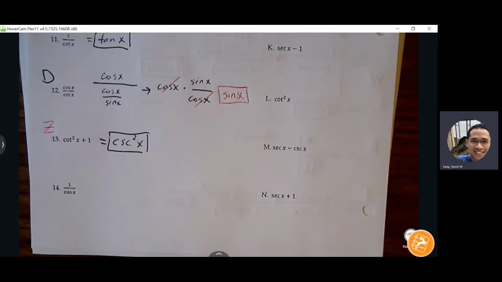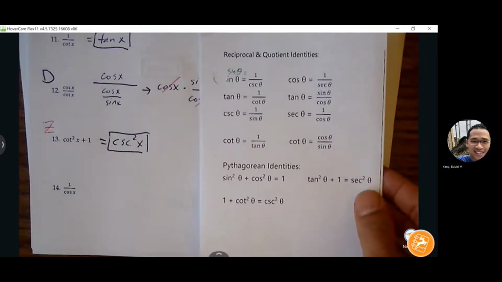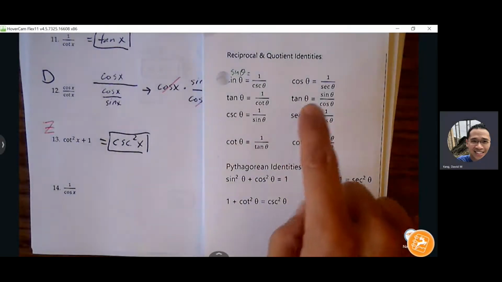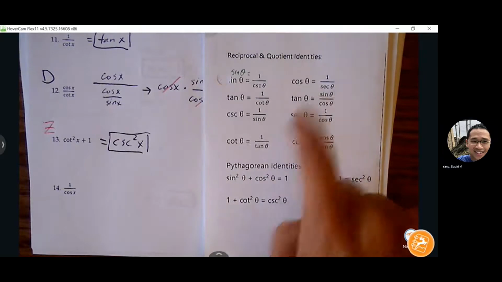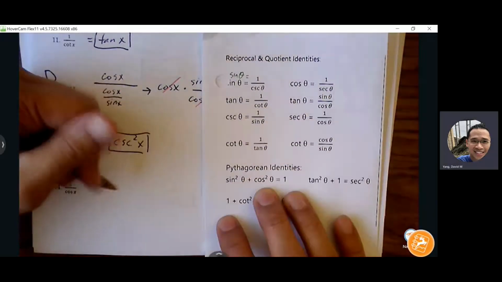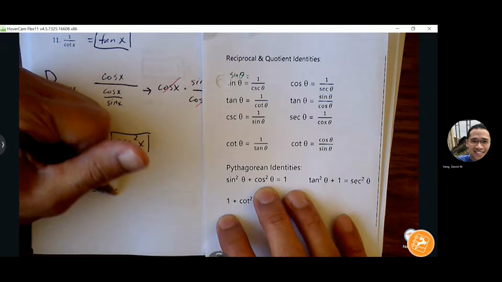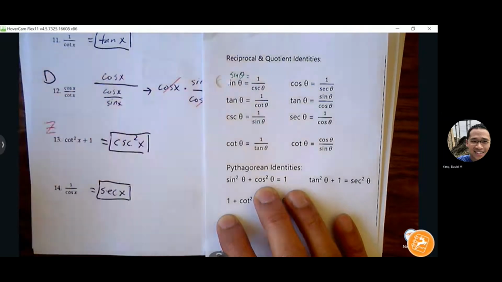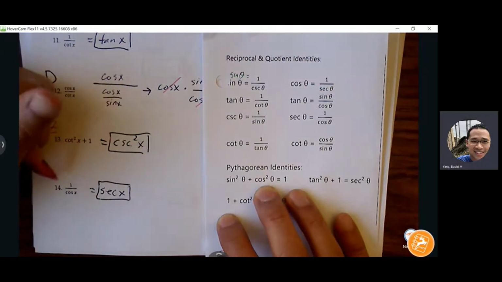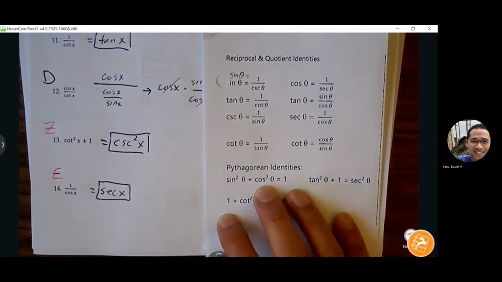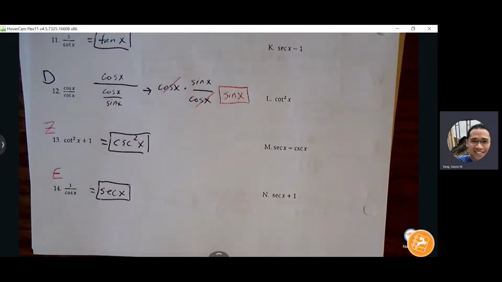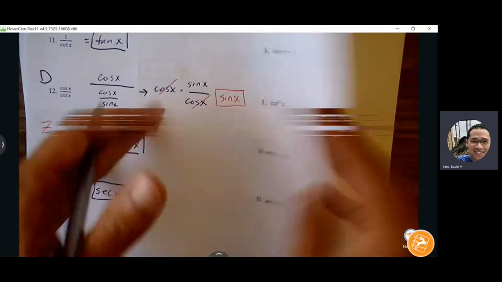Okay, number 14, 1 over cosine. Secant. Okay, any questions so far? Okay, 15.